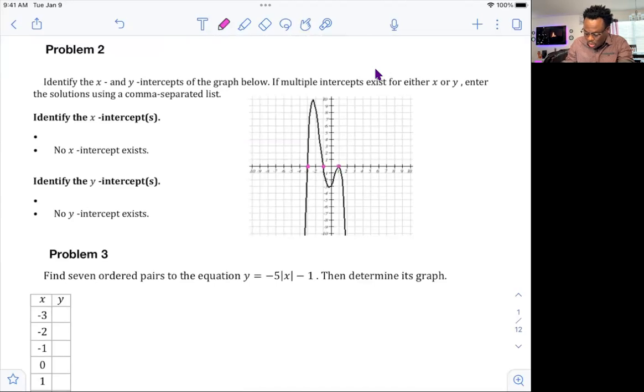So the values here, you can see we are exactly on the x-axis, so y equals 0. And then you would find x equals, there are three of them, x equals -3, x equals -1, and then x equals +1.